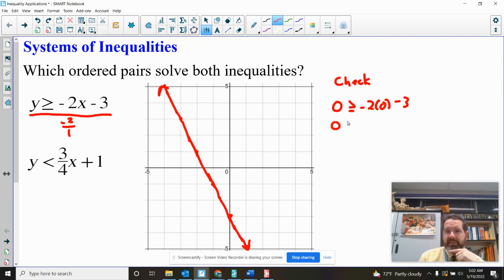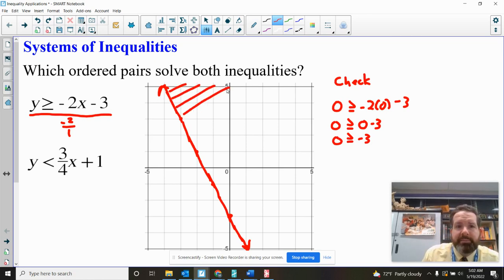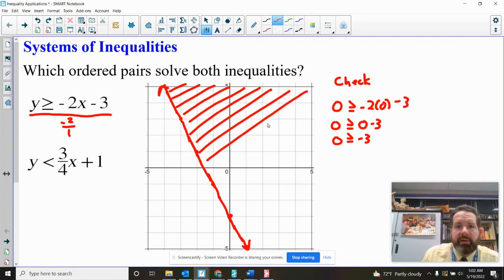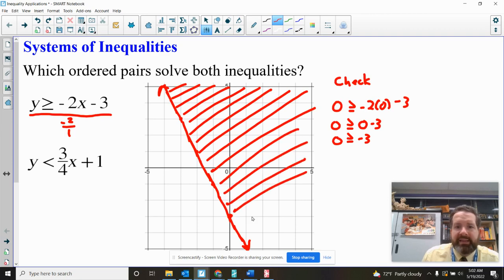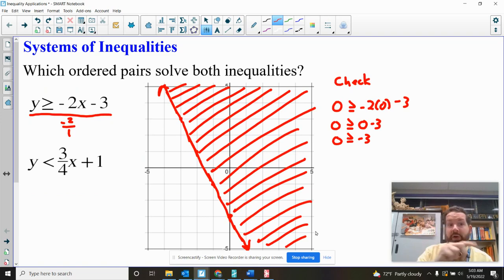Well, this is going to be 0 greater than or equal to 0 minus 3. 0 greater than or equal to negative 3. 0 is greater than negative 3. So sure enough, that's true. So I'm going to be shading above my red line. So any ordered pair that is in this shaded red area, including the boundary line, solves this top inequality.